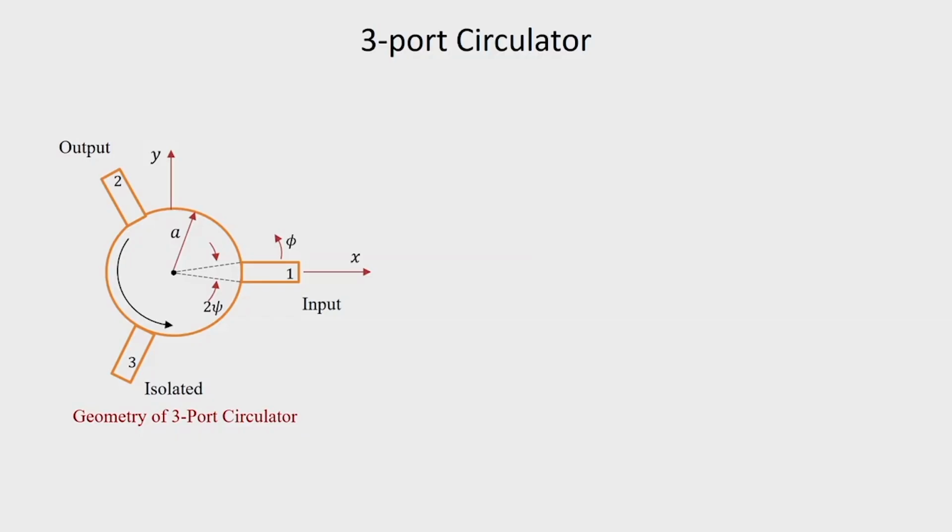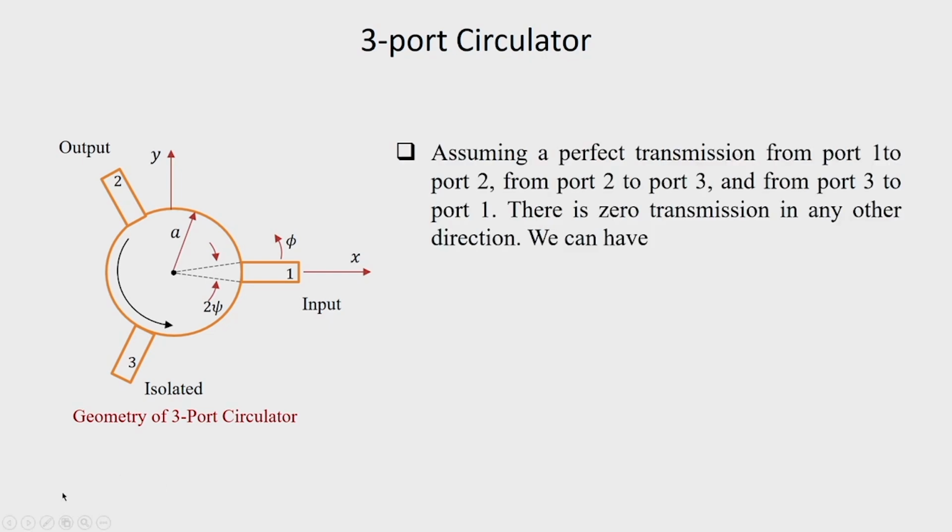Here we show the schematic of a 3-port circulator. When input is given at port 1, the power appears at port 2 while port 3 remains isolated. So, we have perfect transmission from 1 to 2, 2 to 3 and from 3 to 1, and we have zero transmission in the other direction.